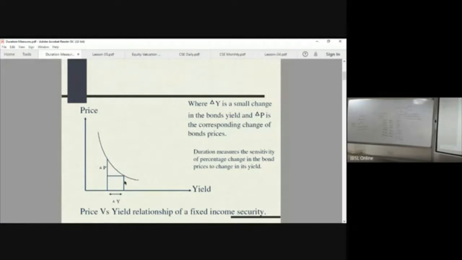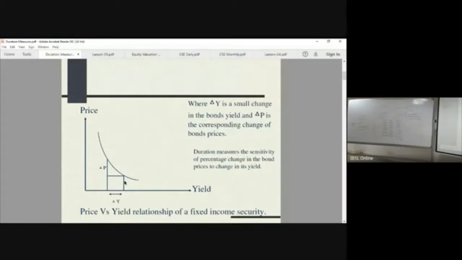So if there's an interest rate change higher than 1.5%, then we have to have an adjustment for it, to make it accurate. For that, we need to calculate another value called convexity.